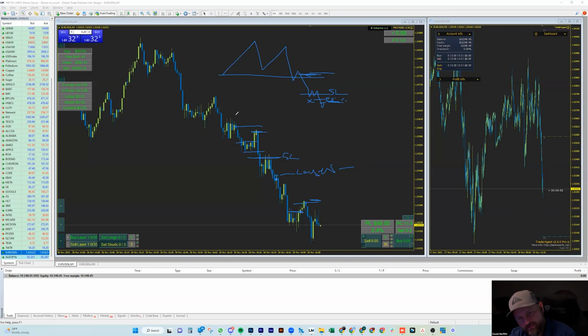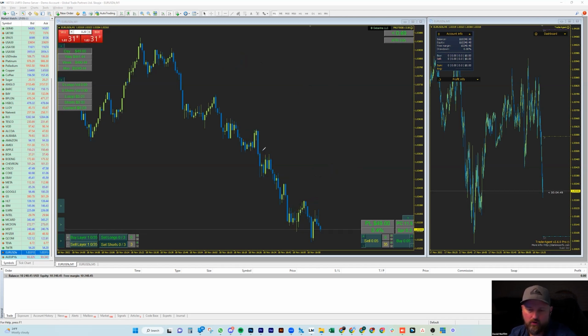Or you could probably continue to hold this. Here's the other thing. A normal ride the wave situation calls for you to get out as soon as this crosses and gives you a confirmation of a higher. However, you can clearly see it's struggling to make a higher high, so this could be the only exception to that rule.